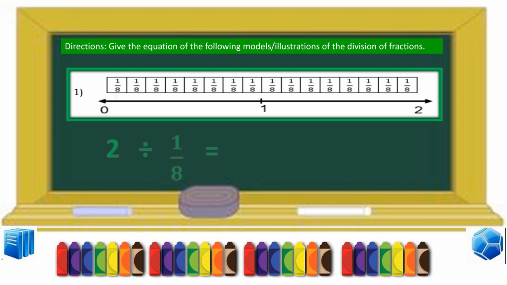So, 1, 2, 3, up to 16. So, merong 16 na 1/8 sa 2.